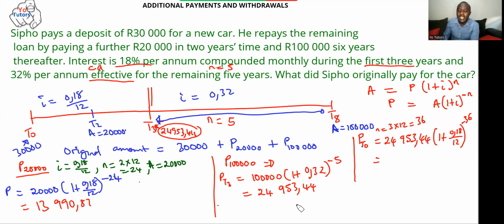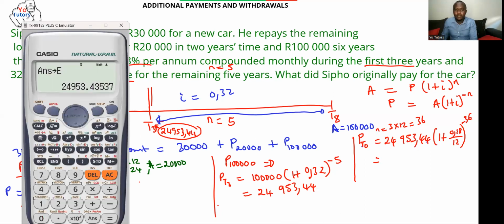Let's see how much we get then. So for this one here, we're just going to come there and say, okay, recall E. What is our E? And say times in bracket 1 plus 0.18 over 12 with the power exponent of negative 36.